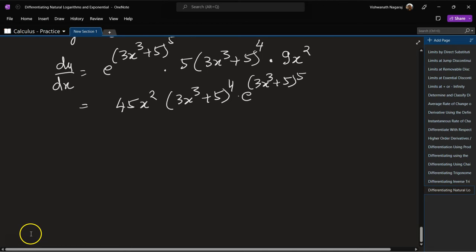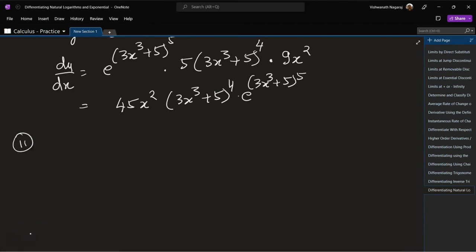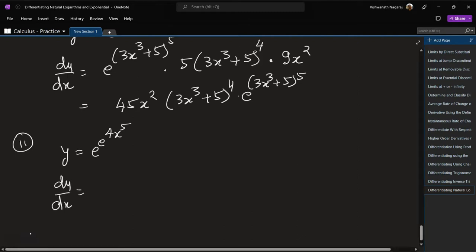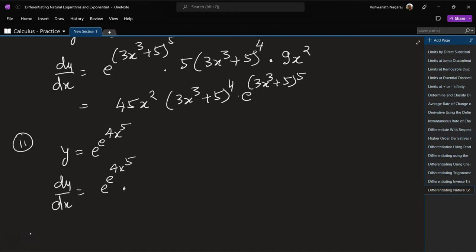Okay, 11th one, y is equal to e to the power of 4x to the power of 5. Don't panic, just do it one by one. e to the power of 4x^5. Now the first exponent, that is also e, so e to the power of 4x to the power of 5.